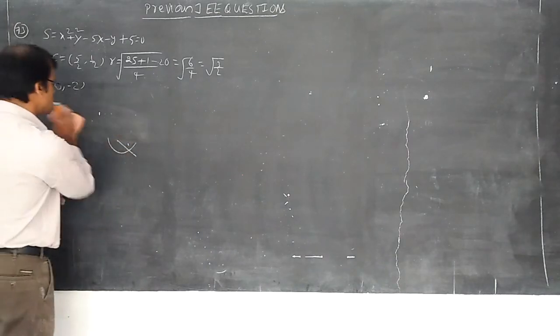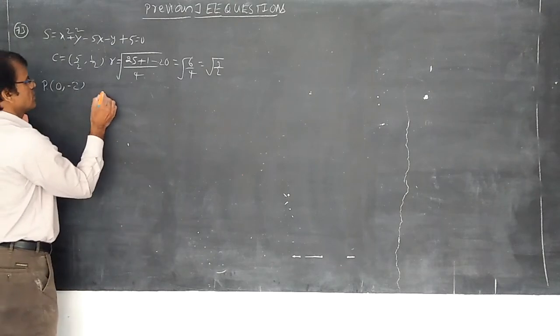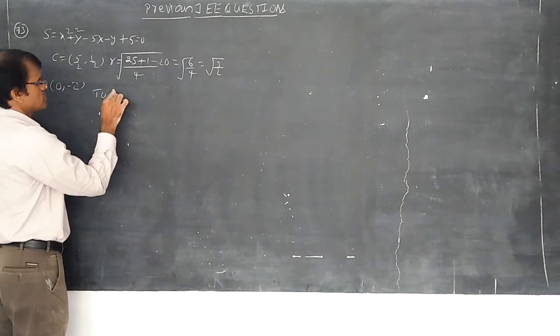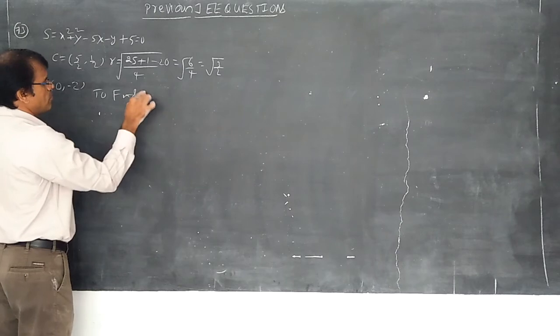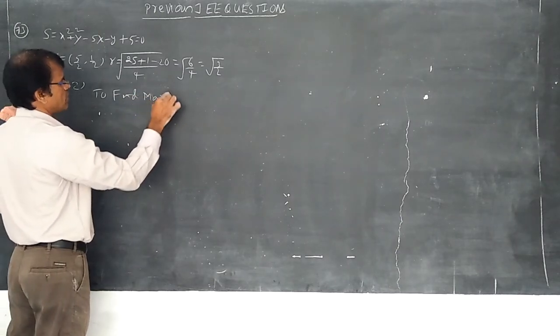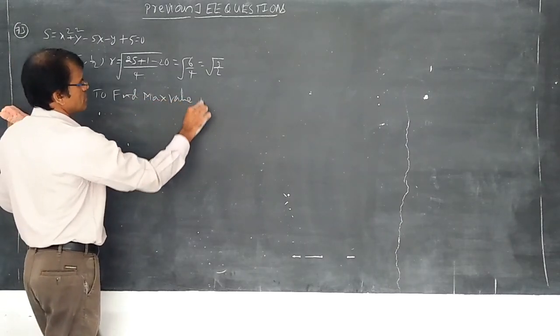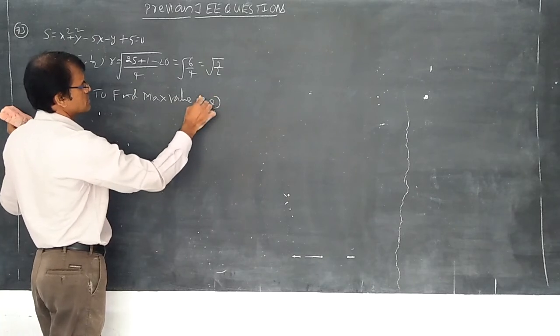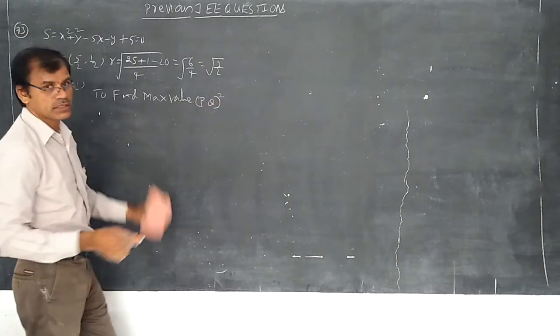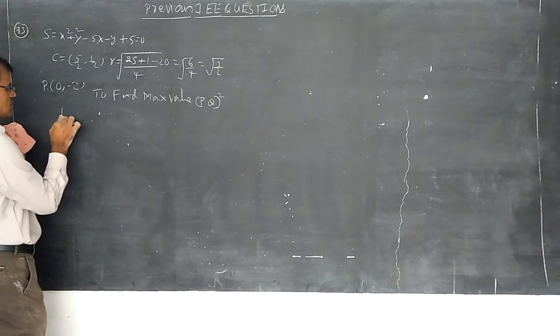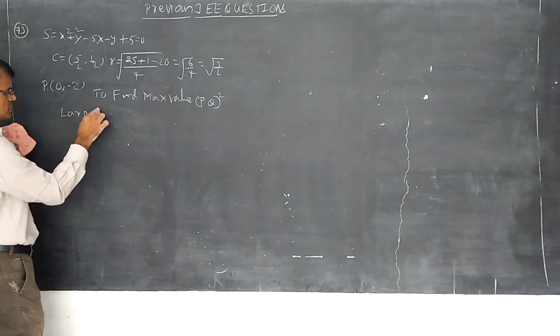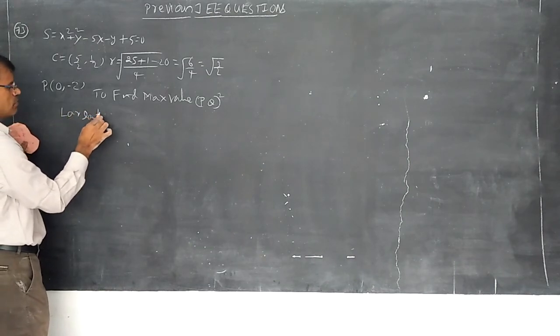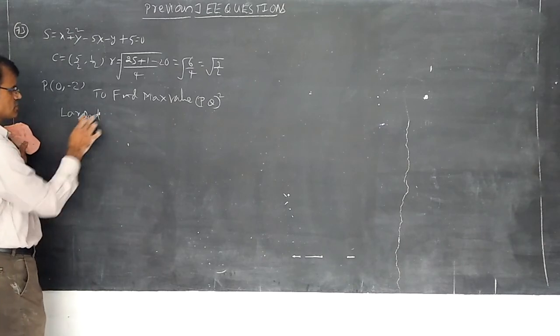Students, the question indirectly gives the largest distance whole square to find the max value. Whenever he is asking about the max value of distance between 2 points on the circle, it is nothing but the largest distance. Whenever it is asking minimum, it is nothing but the shortest distance.